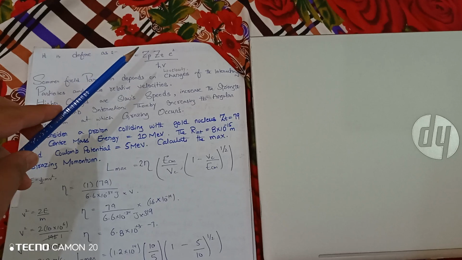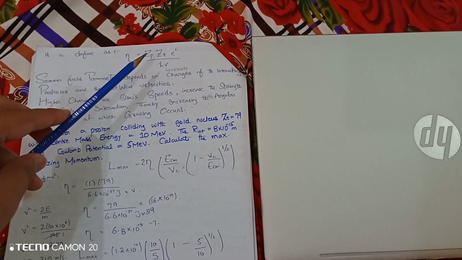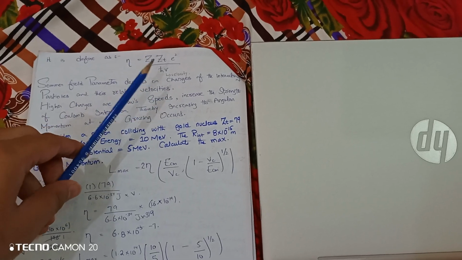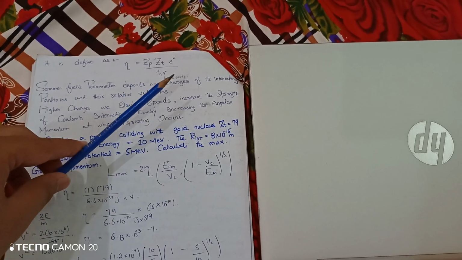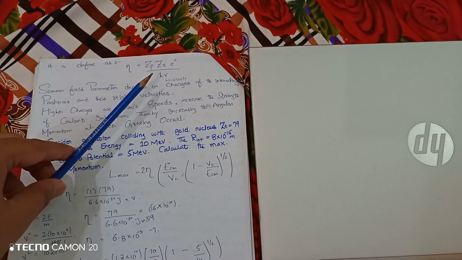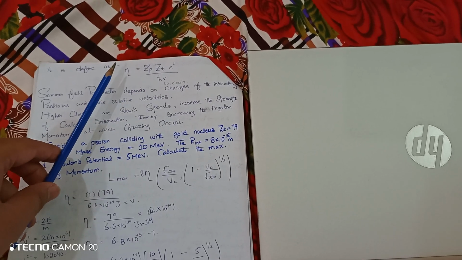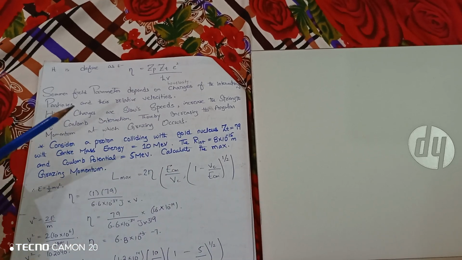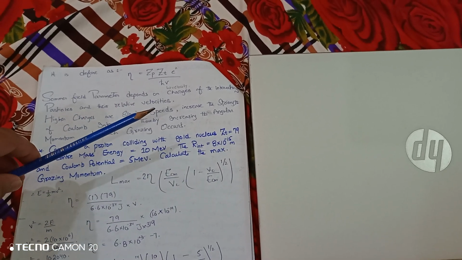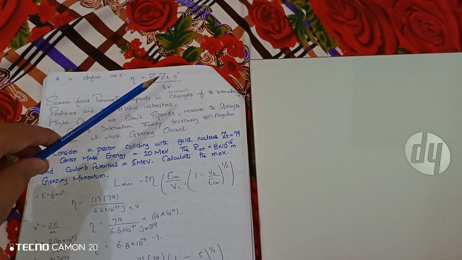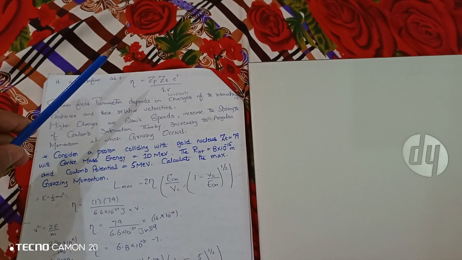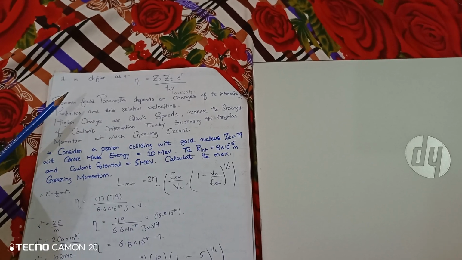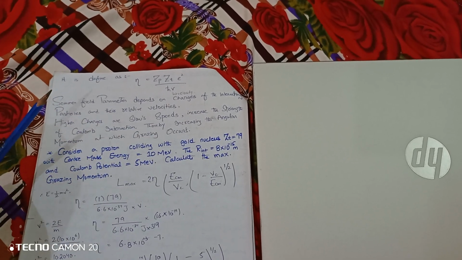The Sommerfeld parameter, as with the Coulomb potential, depends upon the charges of the interacting particles and their relative velocities, and it is inversely proportional to the velocity. If the particle velocity is high, the Sommerfeld parameter is very low. So with higher charges there are slower speeds, and the strength of the Coulomb interaction is more, which increases the angular momentum.